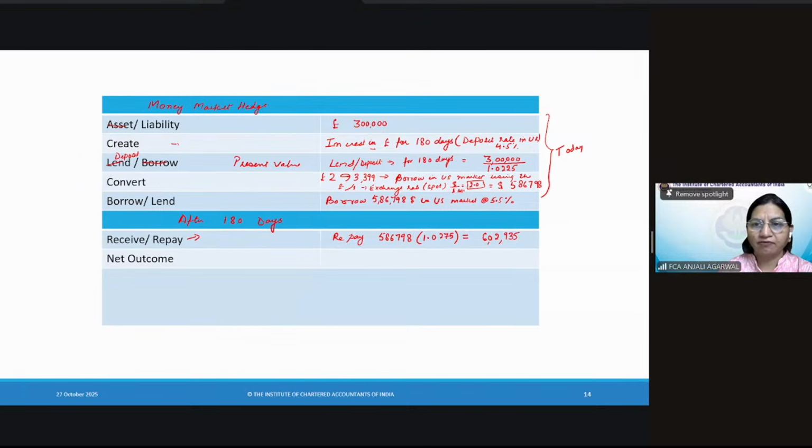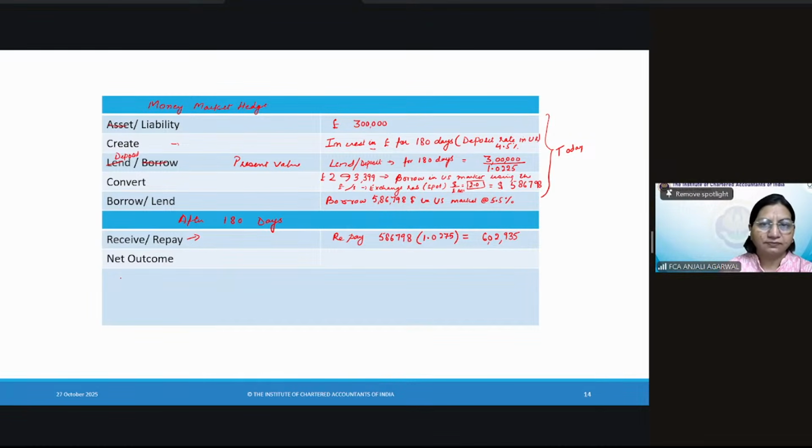This is how you have created a hedge today by using these actions. What after 180 days? After 180 days, you will repay the loan at 5.5% in the US market. So you will have an outflow of 602,935.